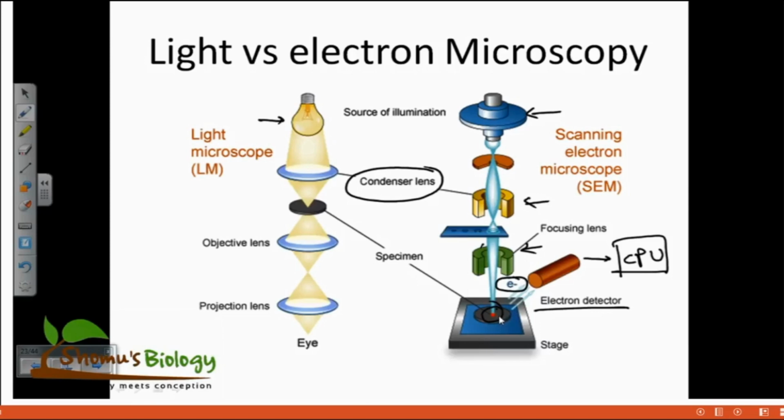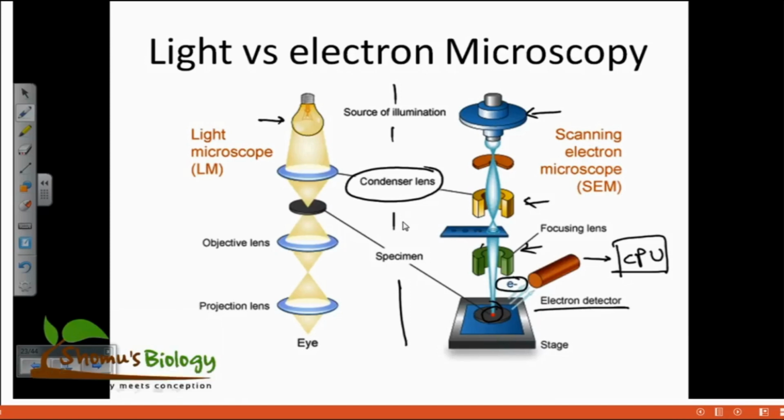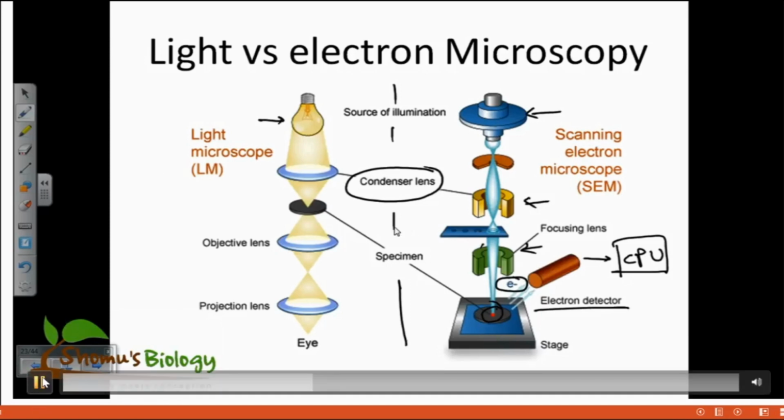Let's imagine the difference. I can give you one example for that. Let's say you can see something with your eye. When you see something with your eye, you see it in color. Now let's say you can't see with your eye. I just cover your eye with a piece of cloth.